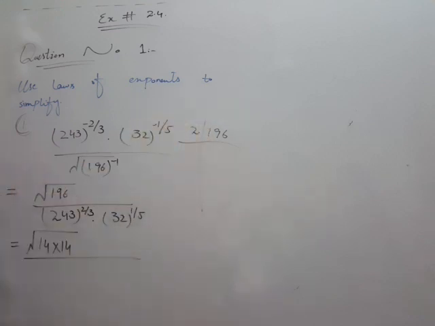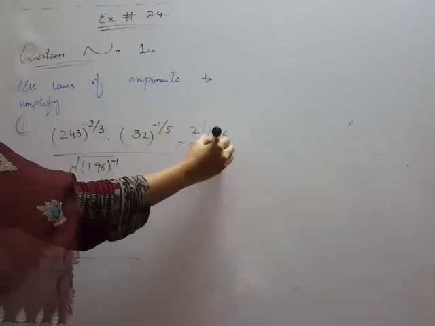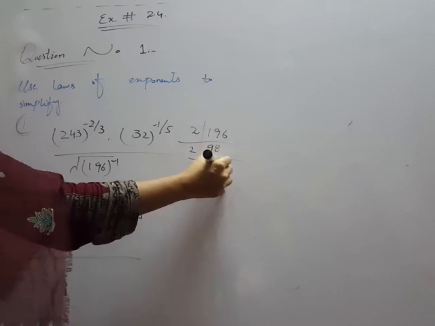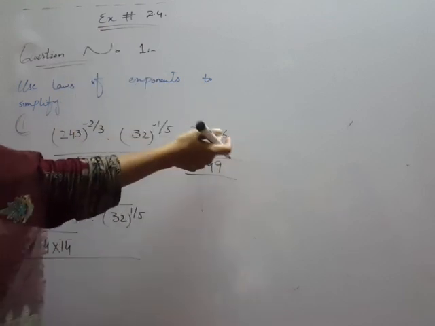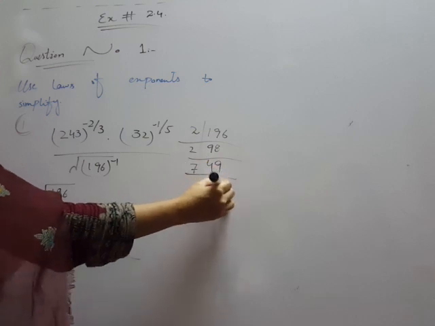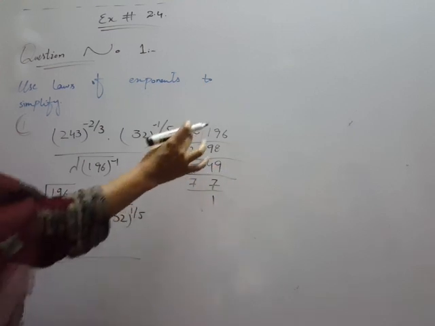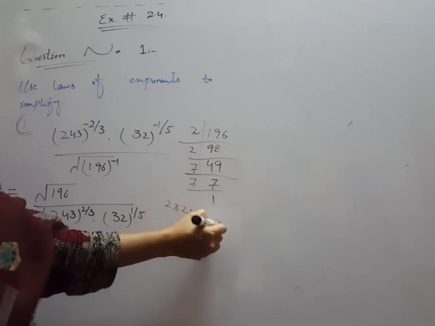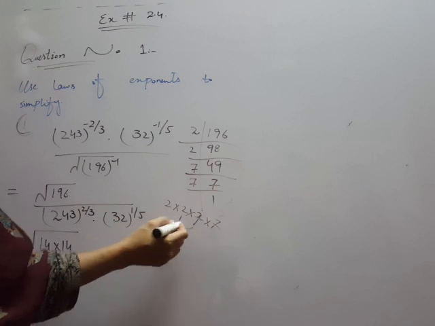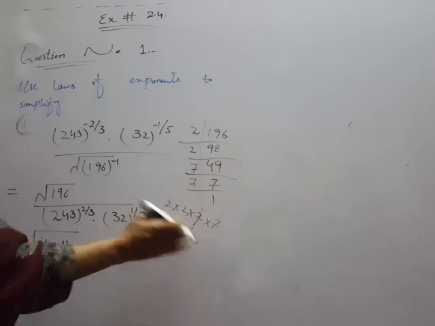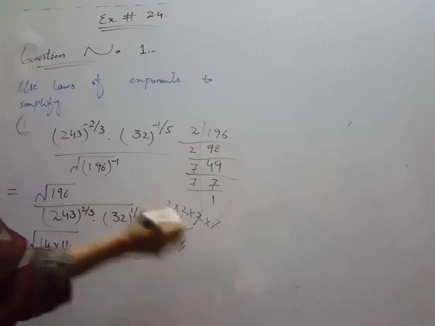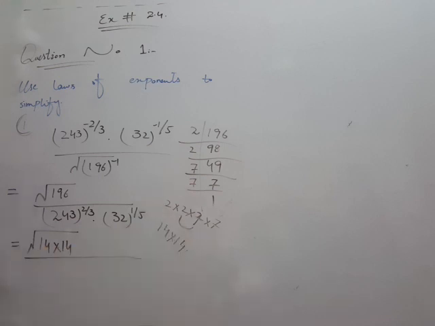Factorize it simply: 2 fours are 8, 2 nines are 18. 7 sevens are 49 and 7 ones are 7. So this will become 2 multiplied by 2 multiplied by 7 multiplied by 7. So I can say this is 7 multiplied by 2 and 7 multiplied by 2, and this is 14 multiplied by 14. That's why I write 14 multiplied by 14.